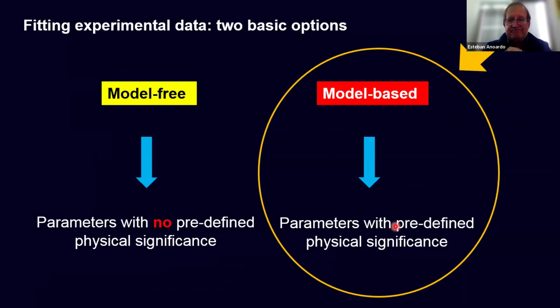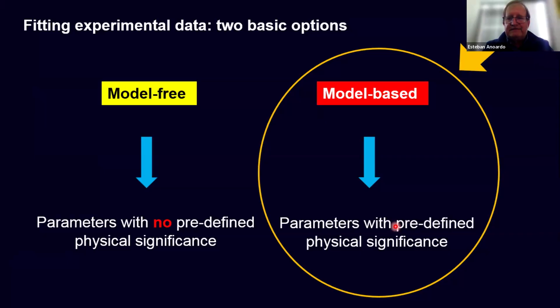One approach is model-free, where parameters involved in the functions that are used do not have a predefined physical significance. This works quite well for some cases which are very complex, where a physical model may be quite complicated, or in cases where you want just a fingerprint identification of a sample.